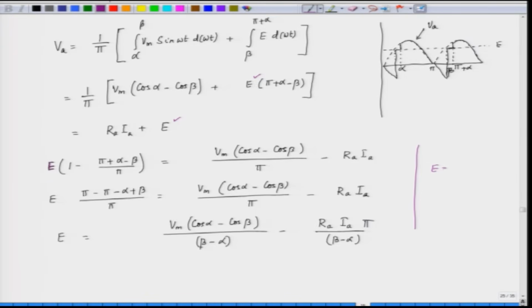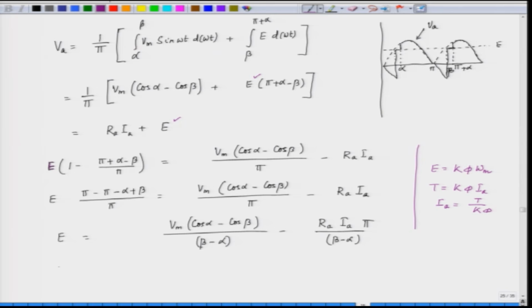We have also known in the previous lecture what the back EMF is. The back EMF is given as k phi omega m. The torque is k phi I A, so we can substitute for the current I A as T by k phi.